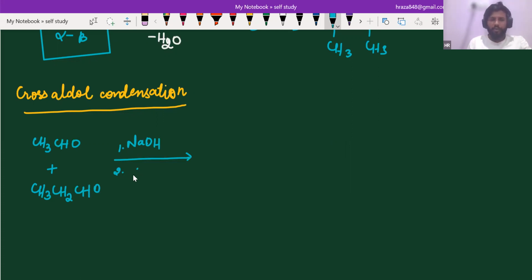So my first question is that I'm going to explain. Whenever there is a cross aldol, it is recognized by two different moles of aldehyde. As you can see, CH3CHO can have its own aldol condensation in the way we did at the starting.